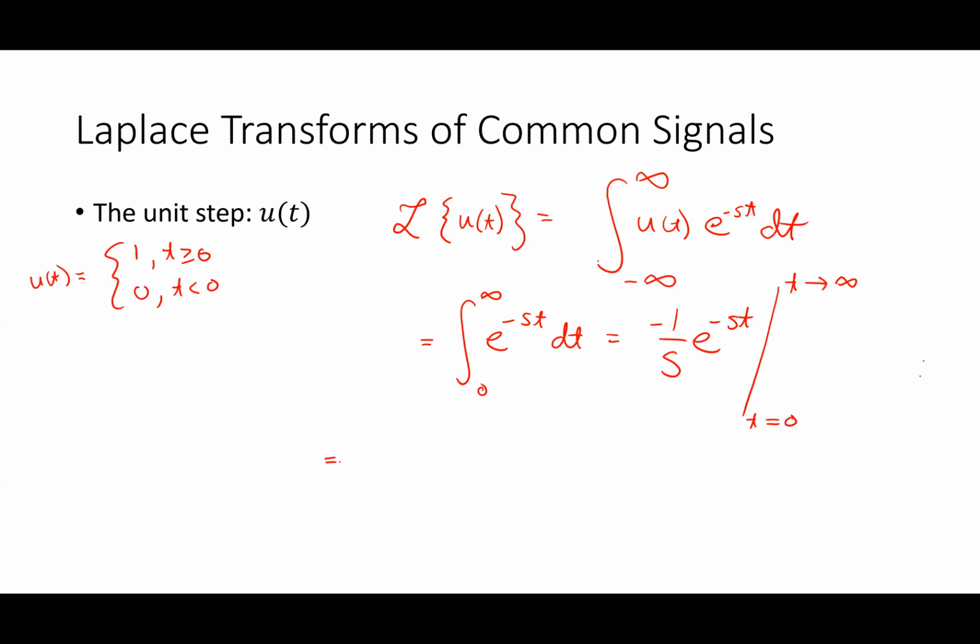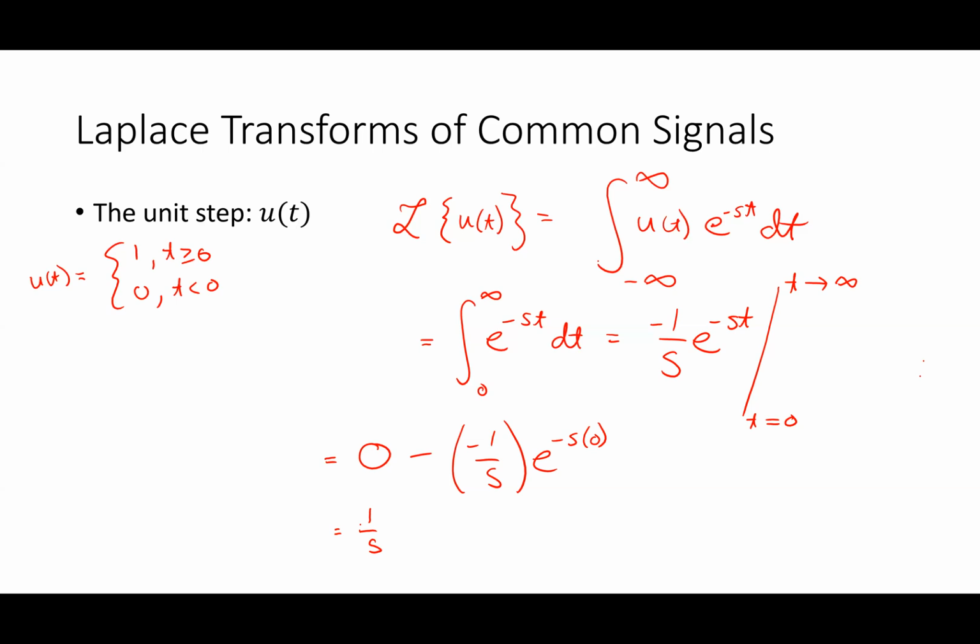Goes to 0, right? So I end up with 0 minus 1 over s times e to the negative s 0. So what's e to the 0 always? 1. So that ends up with 1 over s.